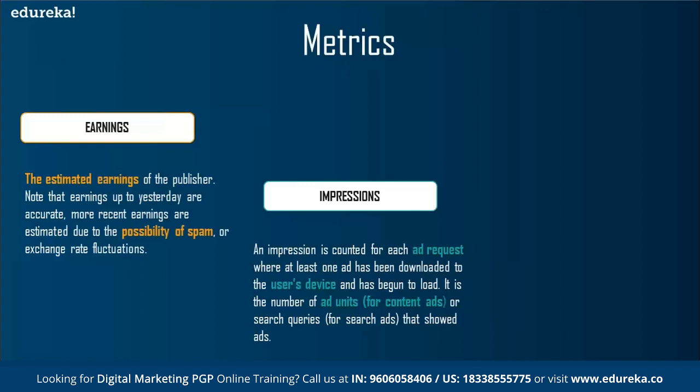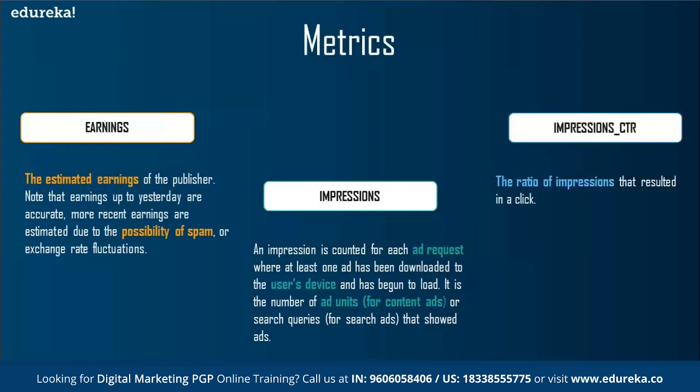They also recommend guidelines. Over time, the standard for counting an ad impression on the web has evolved from counting an impression when the ad is served to counting an impression when the ad starts to download on the user's device. So there is something called a served impression. There is something called a downloaded impression. Impression CTR, the ratio of impressions that resulted in a click.